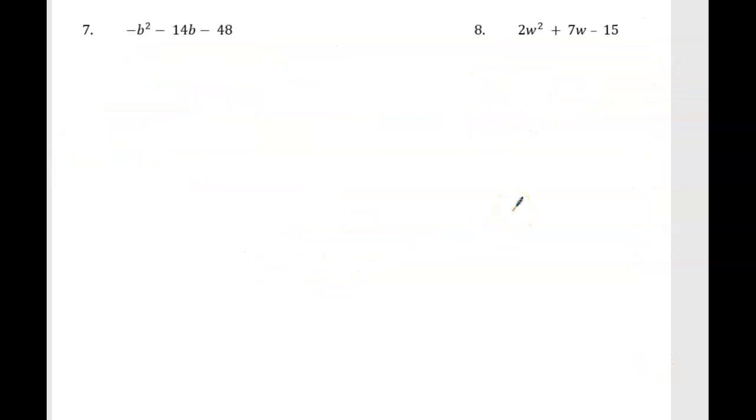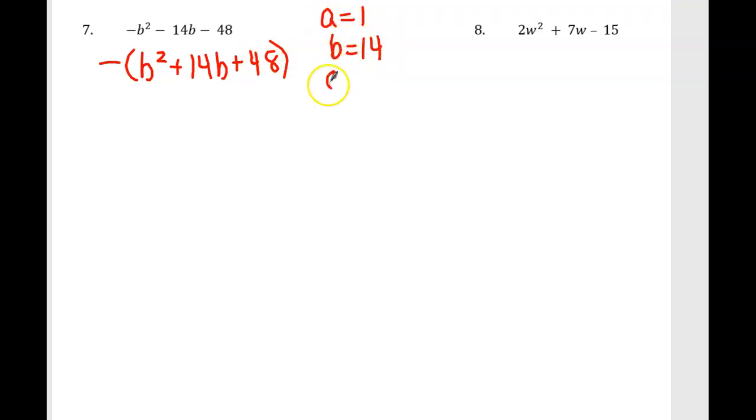Looking at number 7. So again, I'm going to start by factoring out that negative. So I've got b squared plus 14b plus 48. I identify my A is 1, my B is 14, my C is positive 48. When I make my X, A times C is 48, B is the bottom, I got 14.